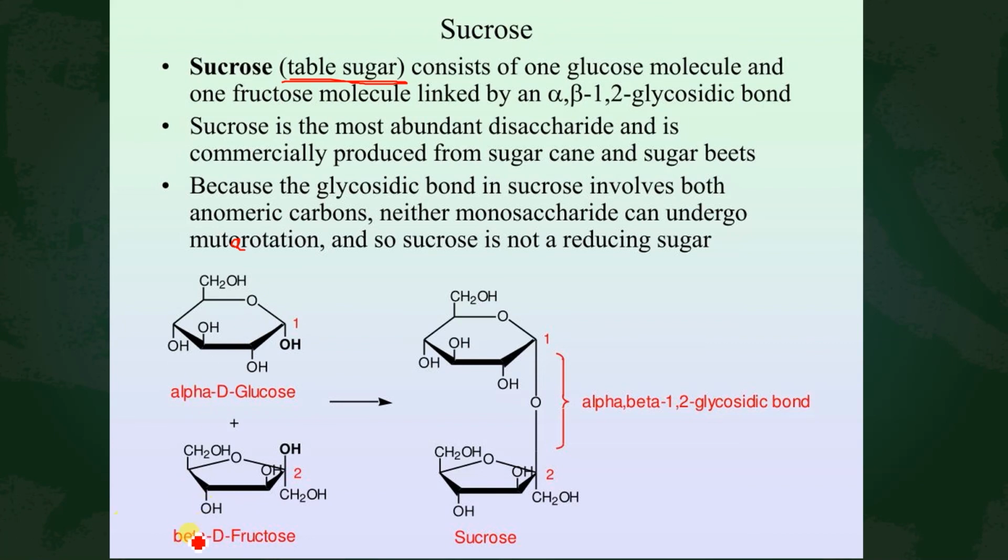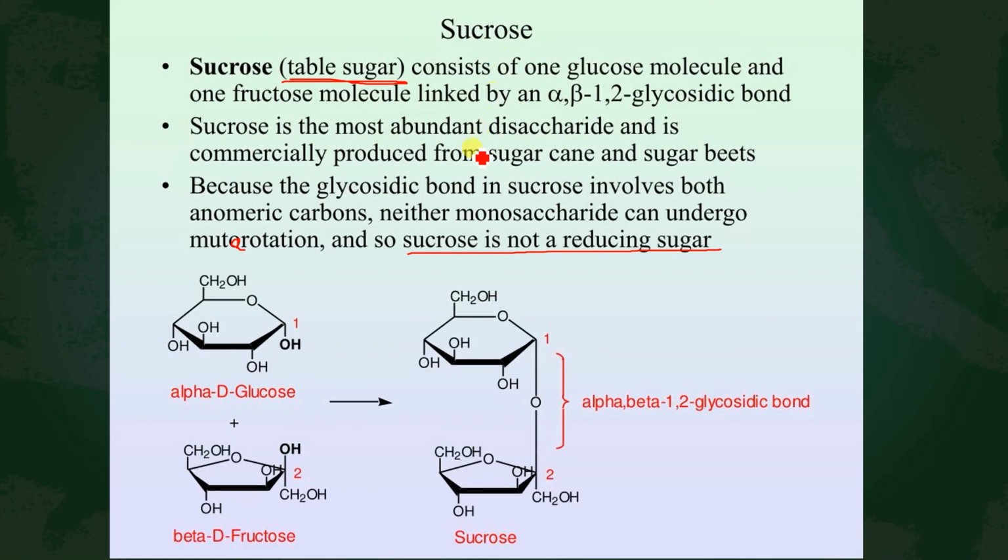Neither alpha glucose nor beta fructose undergoes mutarotation, and hence it is a non-reducing sugar. I will explain mutarotation in the next slide. This is the structure I have explained already. About mutarotation we will do it in detail, so just wait for that moment.